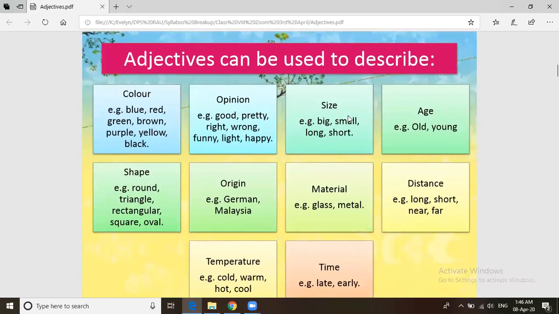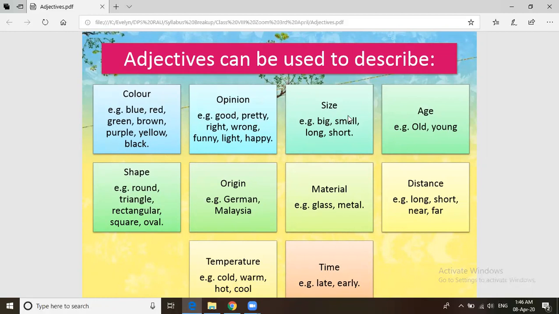Now, these are the kinds of adjectives that we use to describe different things. We can describe so many nouns. We can describe colors, opinions, material, distance, origin, temperature, time, shape, age, size, everything. Adjectives can describe, and there are so many kinds.